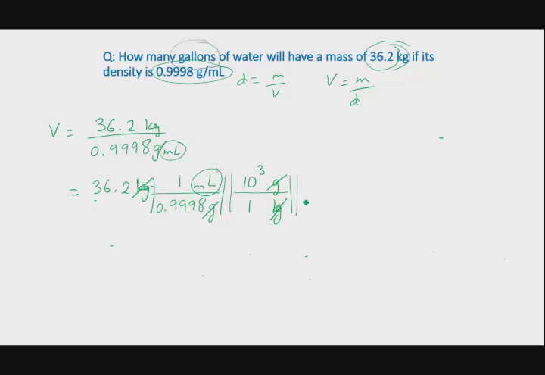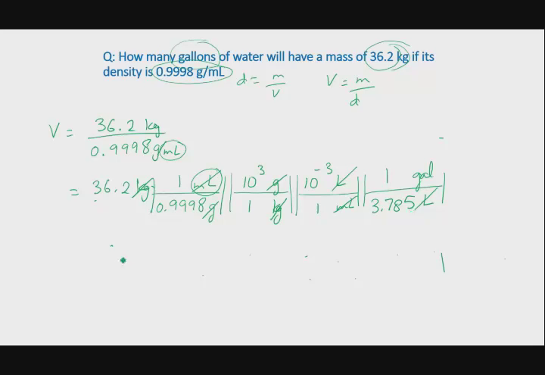So we need to convert milliliters to liters first, and then liters can be converted to gallons. 1 milliliter equals 10 raised to minus 3 liters, and 1 gallon equals 3.785 liters.